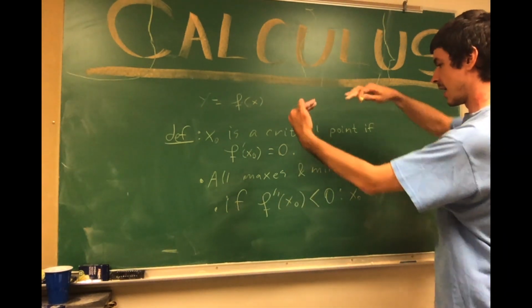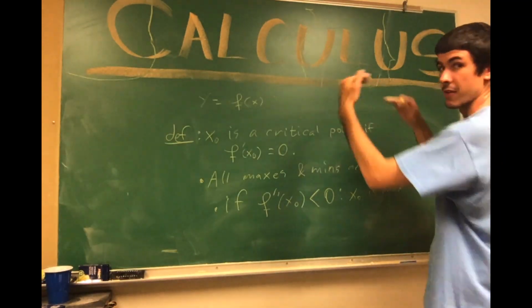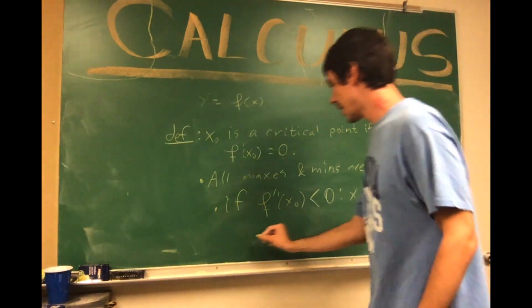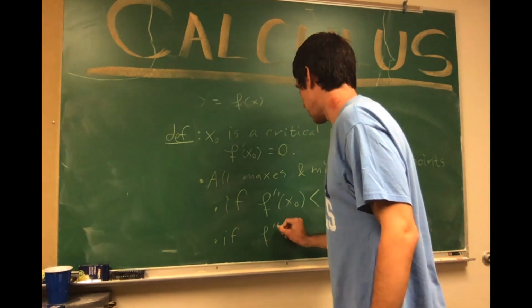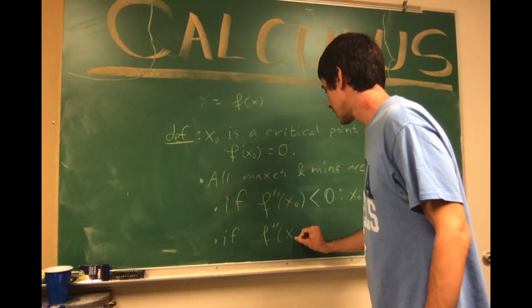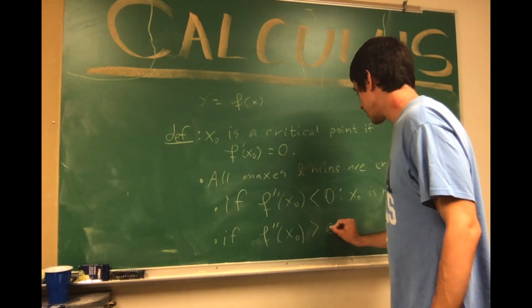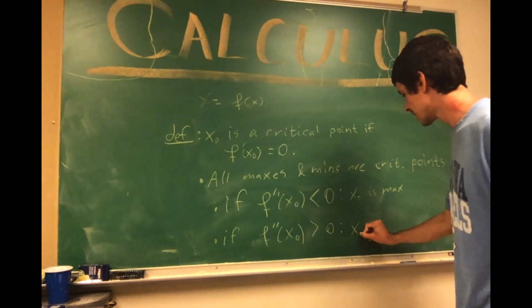It's flat, and it's going from positive to negative, so that's a maximum. And if f double prime of x0 is greater than 0, x0 is a min.